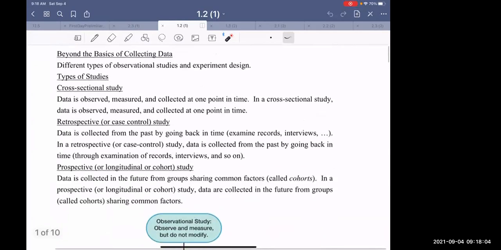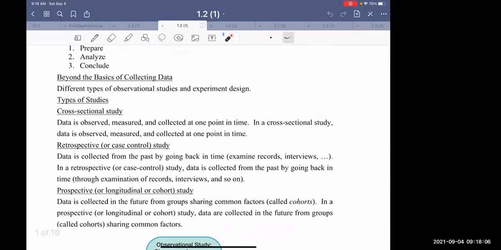So these are types of observational studies. All you're doing is observing your subjects. You're not interacting in any other way. You're just observing what's happening and seeing what is currently occurring, what has happened previously, or what is going to happen in the future.